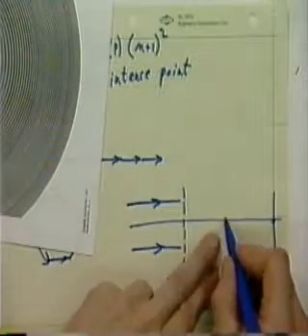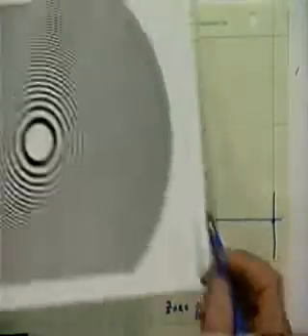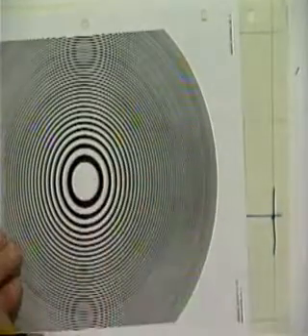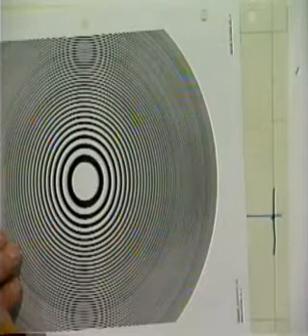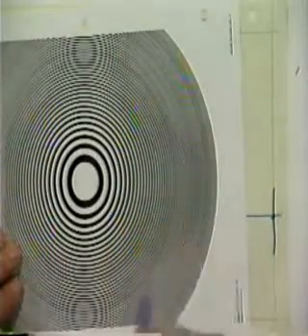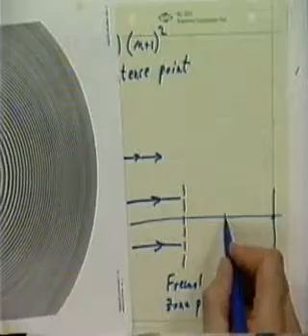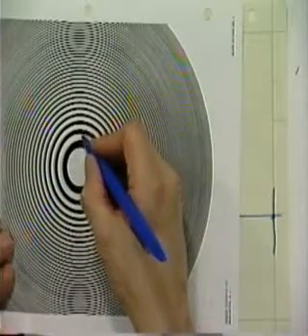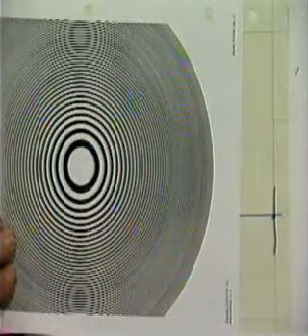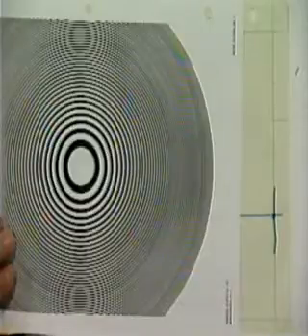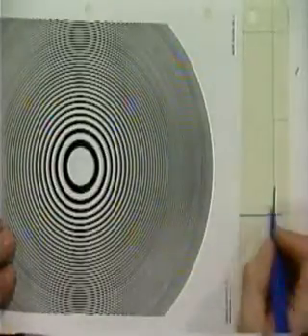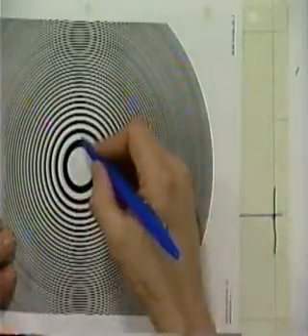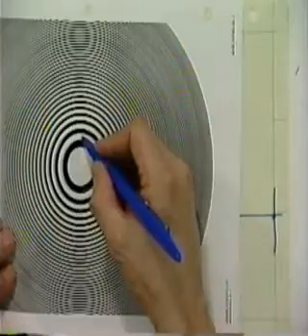If I come in here half the distance, what would we say about each one of these zones now? Let's see, phase goes like rho squared over 2r. So if I come in half the distance, the OPD across each open portion would be, out here it's pi, half the distance, it would be 2 pi.